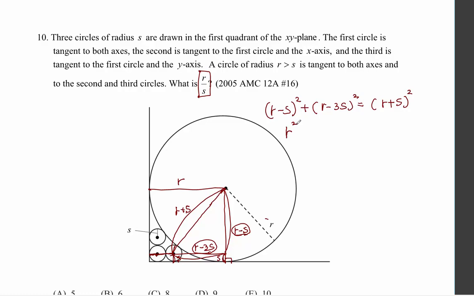R squared minus 2RS plus S squared, plus R squared minus 6RS plus 9S squared, equals R squared plus 2RS plus S squared.